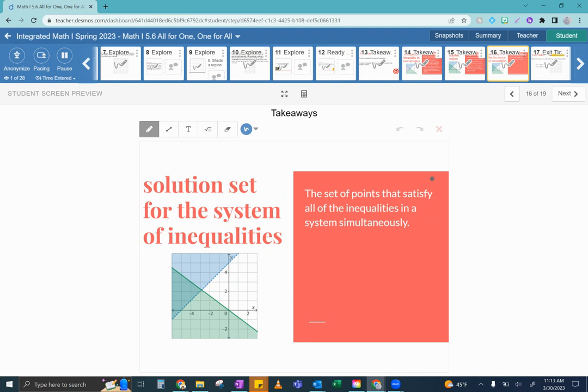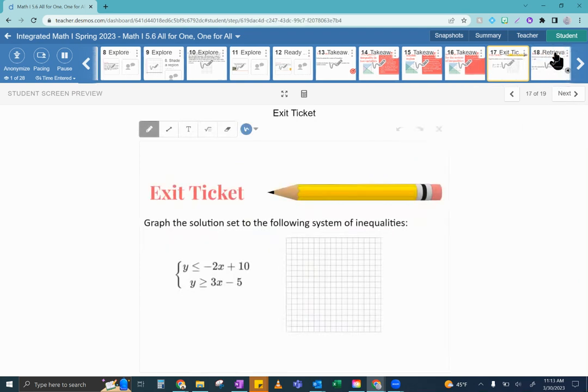I really want you to think, what is the new thing that I heard today? What is the thing that might trip me up on my ready, set, go? Make sure you attack those things and don't let them fester. So let's look at our exit ticket. Looking at this, you're like, oh, I know how to do this. Here you're going to have to show me that you understand it.